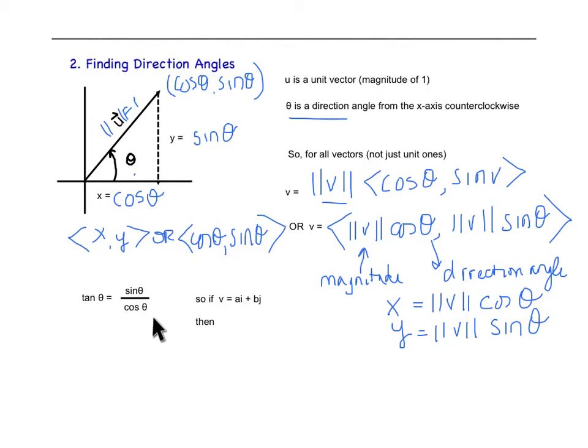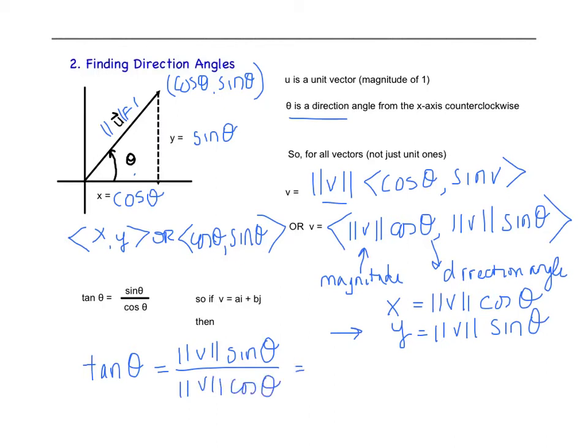Okay, so if the vector v can be written as a linear combination of ai plus bj, then the tangent of theta is going to be equal to the y coordinate over the x coordinate, the magnitude of v sine theta over the magnitude of v cosine theta, or in other words, b over a.